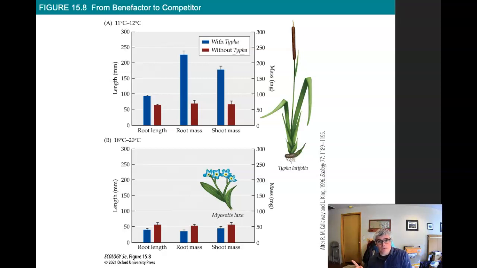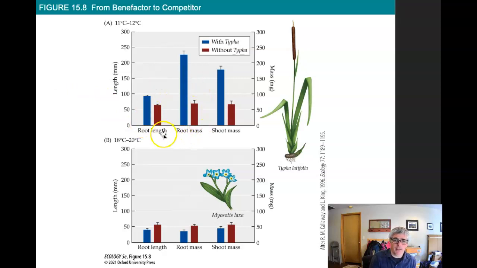Okay. So this relationship between whether or not these plants are commensal or competitors depends on temperature and oxygen level as a covariate to temperature. And so as temperatures increase, oxygen levels go down. When temperatures are warmer, oxygen goes down. When temperatures are cooler, oxygen goes up. Temperature and oxygen are inversely related based on the solubility of oxygen in water, which is true for most solubility equations.